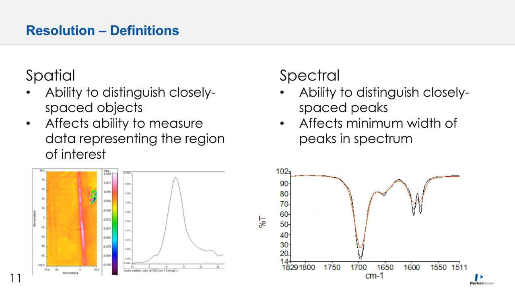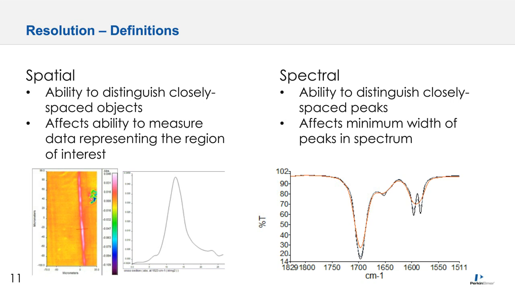So now let's talk a little bit about some key performance specifications of infrared microscopes. I'd like to draw a distinction here between spatial resolution and spectral resolution, as there is sometimes some confusion around the terminology that is used here. Spatial resolution we would use as a representation of the ability to distinguish closely spaced objects.